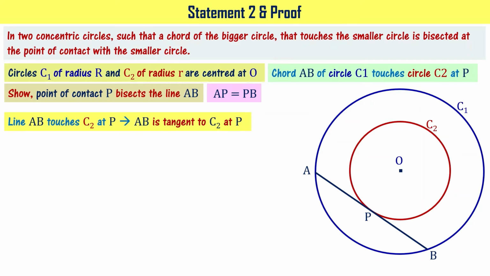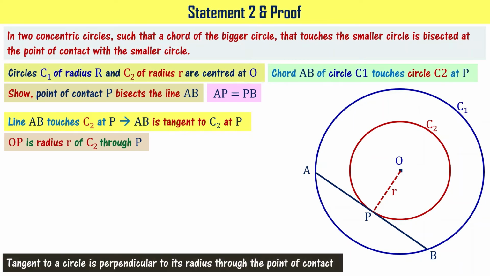Line AB touches circle C2 at only one point, that is P, right? It means line AB is a tangent to circle C2 at point P, right? And OP is the radius small r to the circle C2 through point P, right? And we know that tangent to a circle is perpendicular to its radius through the point of contact. It means line OP is perpendicular to line AB, right?